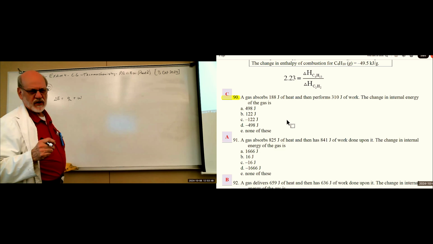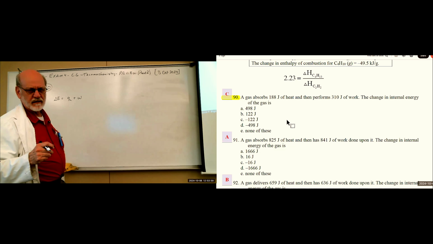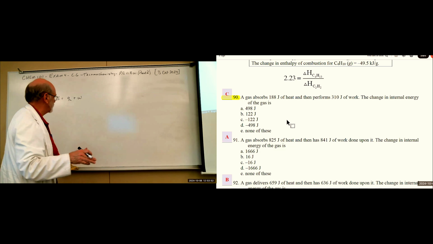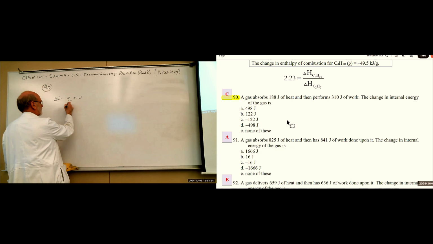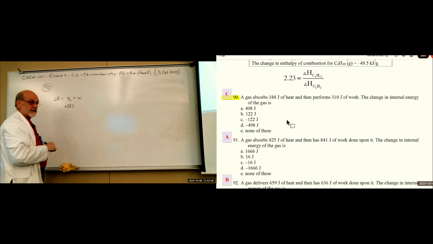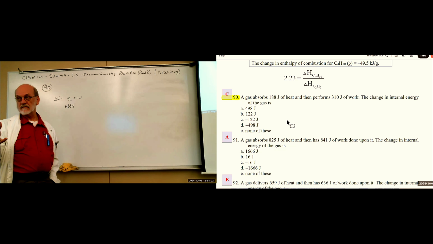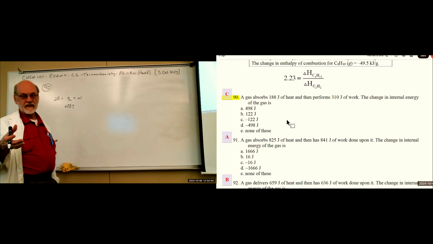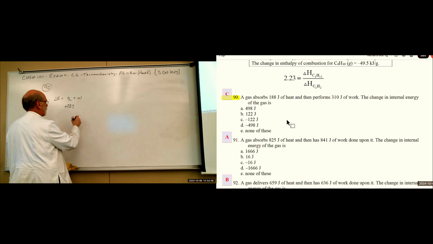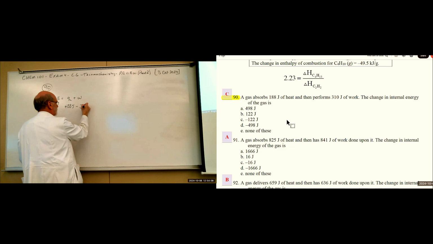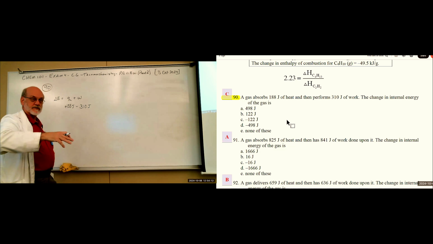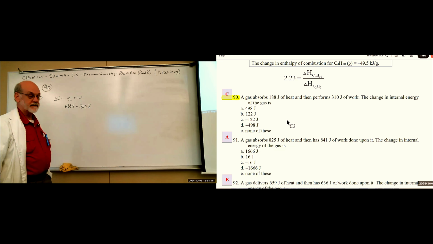So when it says the gas absorbs 188 joules of heat, that's a positive. It goes into the gas. The gas is the system. And then it performs 310 joules of work. It's losing that work because it's doing work on its surroundings.